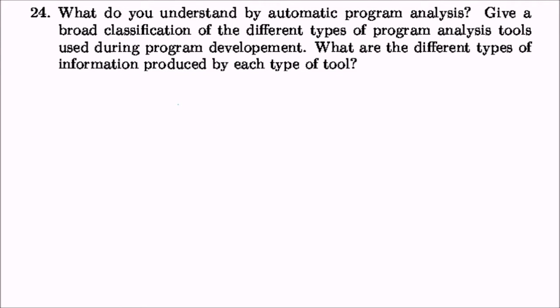What do you understand by automatic program analysis? Give a broad classification of different types of program analysis tools used during program development, and what are the different types of information produced by each type of tool.